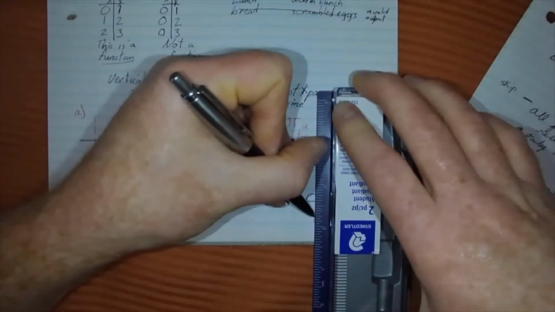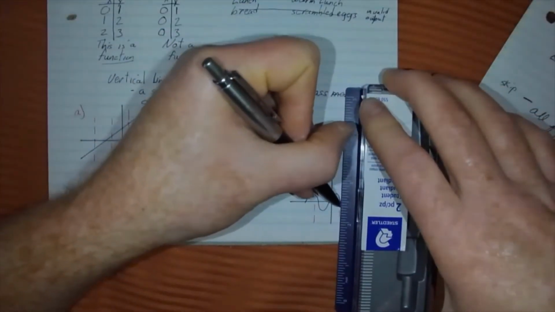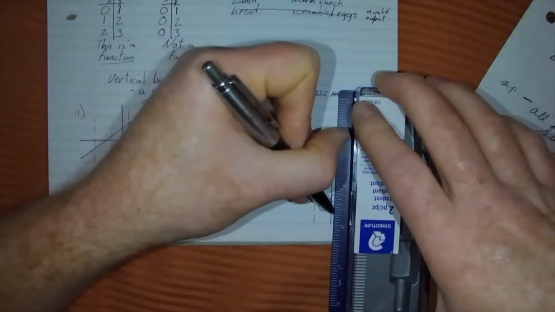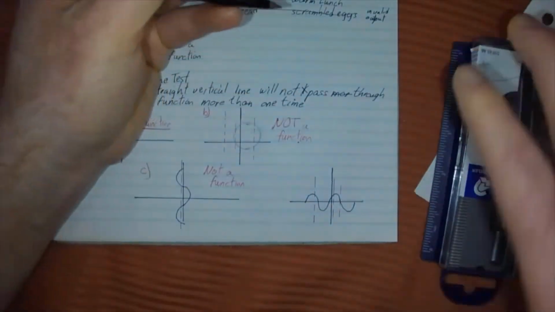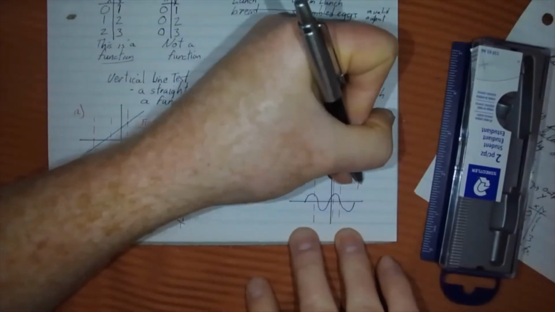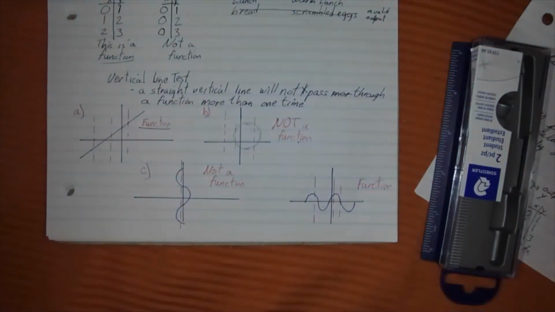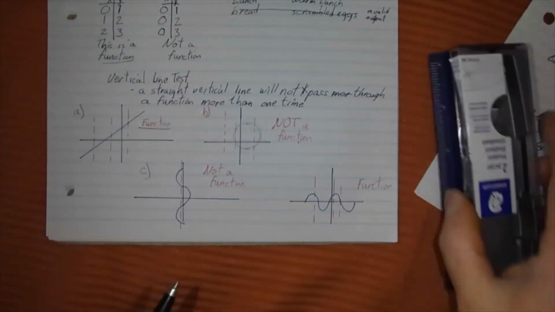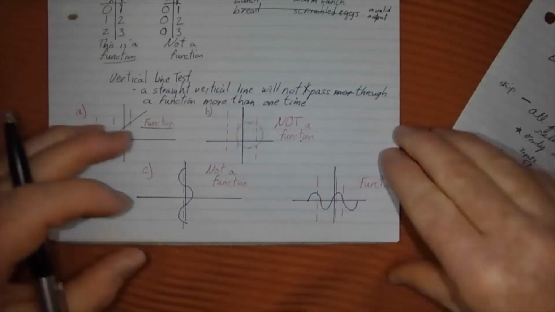No matter where I place this line, I am only intersecting my plotted line one time. This is a function. So vertical line test: drop a straight line through it. If it goes through more than once, it is not a function. It is a relation. All right, on to the next page.